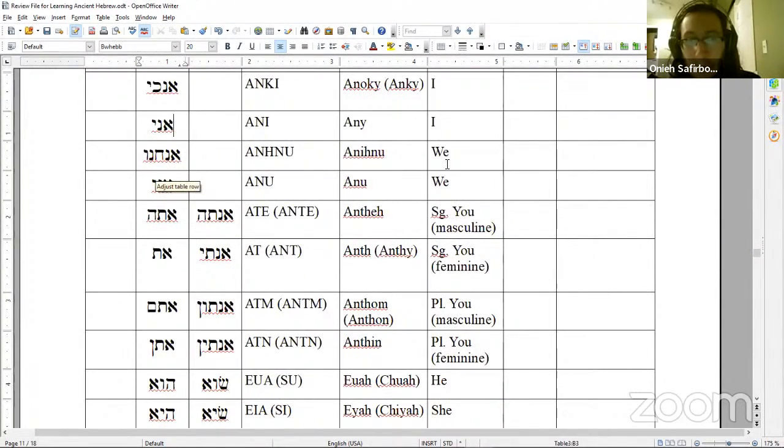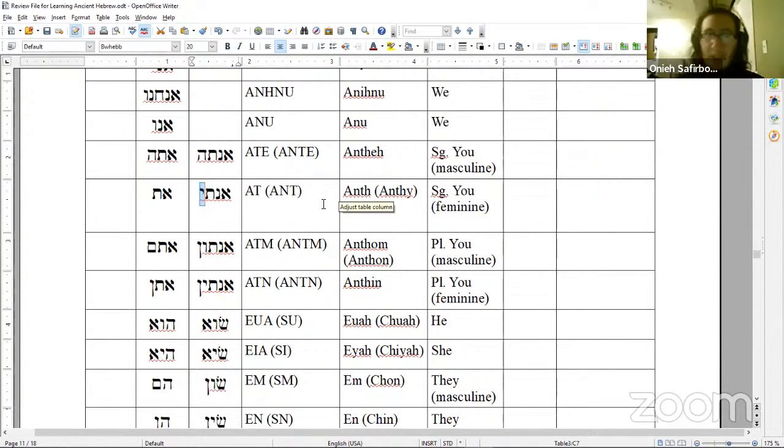Anhinu or Aninu is we. Anu is also we. It's Atha in Biblical Hebrew, but it comes from Antha. Singular you masculine. Singular you feminine is spelled Ath, but it's actually Anth originally, and probably originally it was Anthi with a yod at the end.